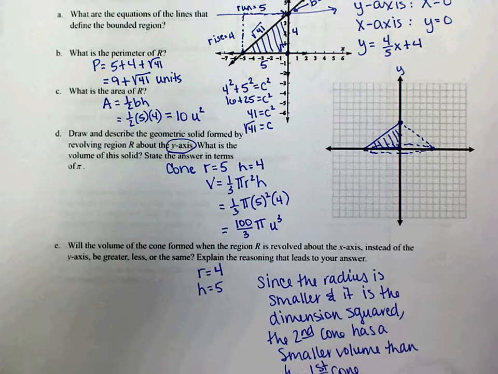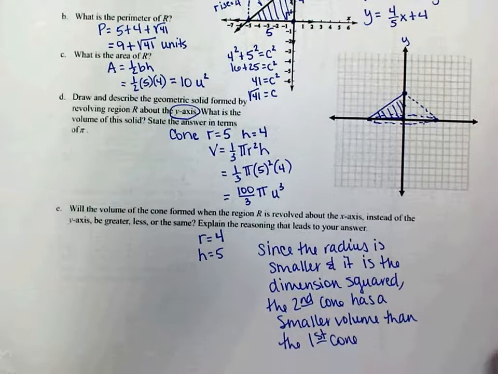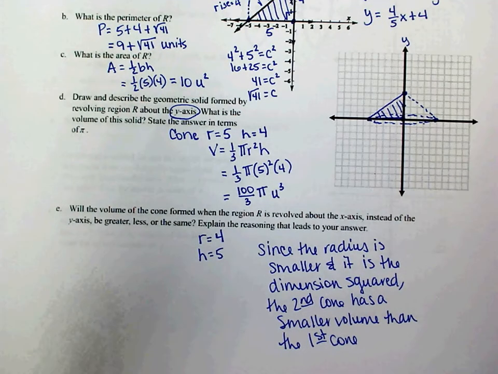Since the radius is smaller and it's the dimension that gets squared in the formula for volume, that means the second cone has a smaller volume than the first cone did.